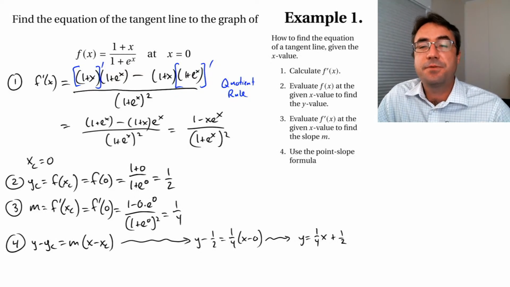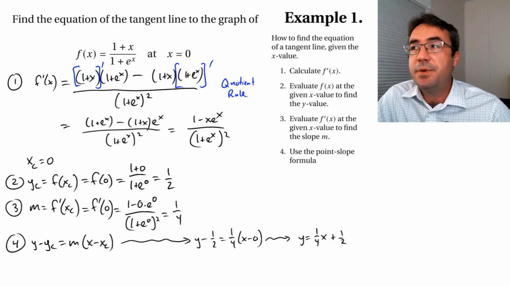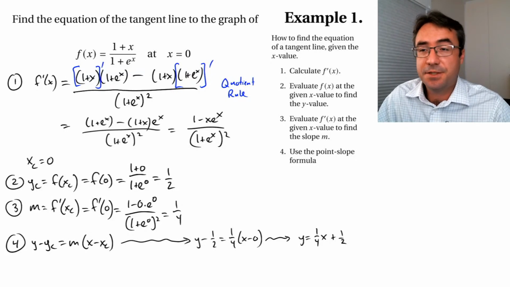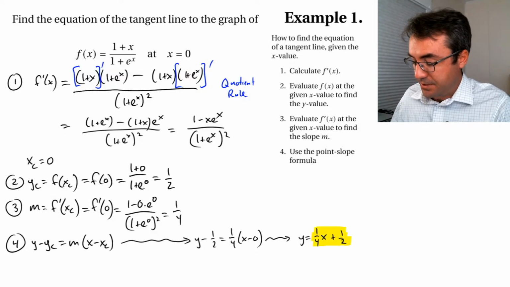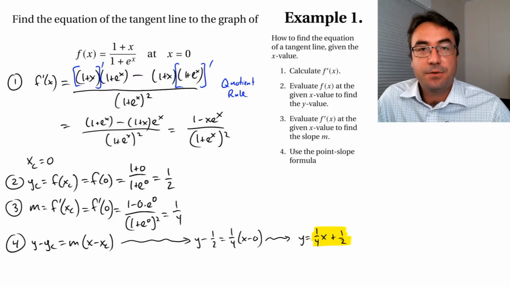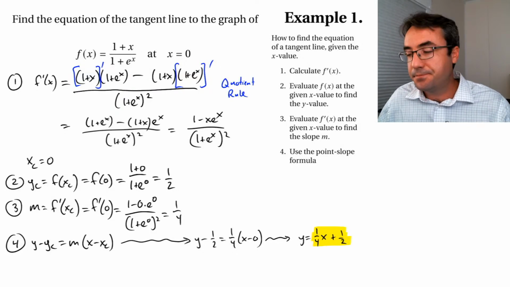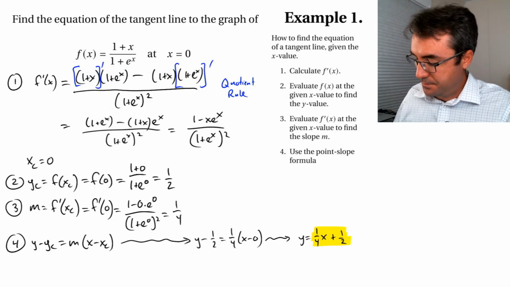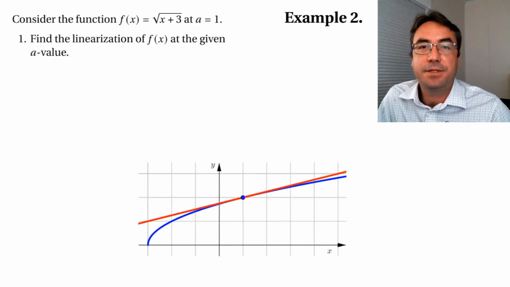And so the process for finding linearizations or linear approximations is going to be very similar to all of this. The only difference is just what we call this. So this mx plus b on the right there, we're going to call that our linearization. So let's try that out in example 2.